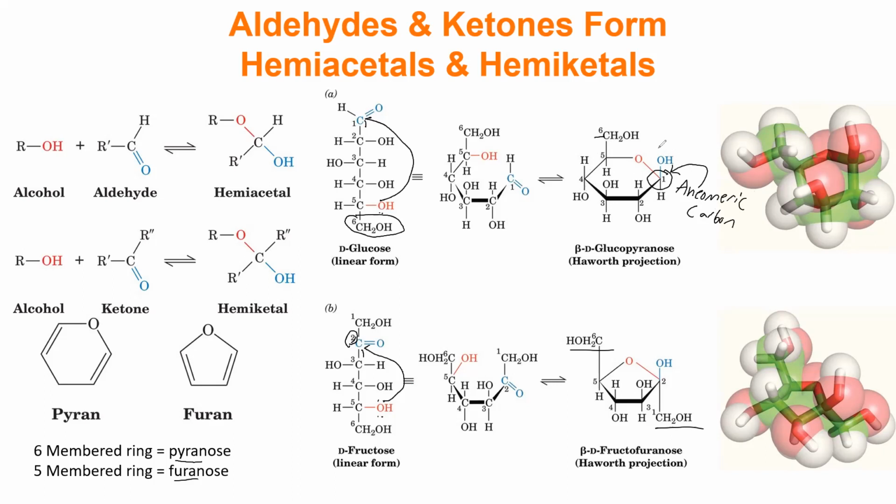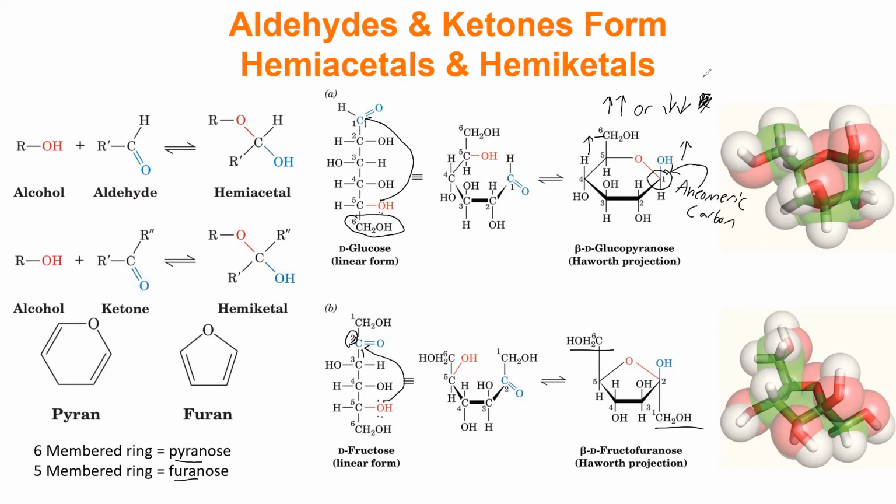In our representation here, the OH from the carbonyl carbon is pointing in the up direction. Carbon 6 is also pointing up above the ring. If our carbonyl carbon's OH and our carbon number 6 are both pointing in the same direction of the ring, we call that a beta sugar.